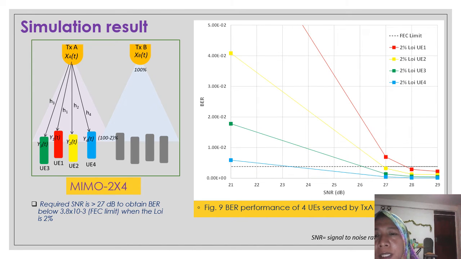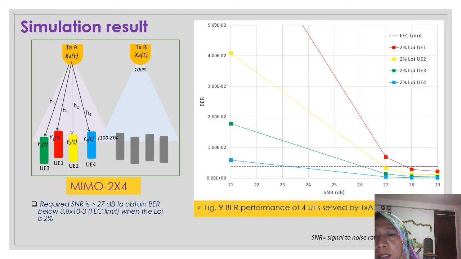So how about if the LOI is 2%? We can see in this figure that 27 dB from the transmitted signal of TXA cannot hold the interference, because the bit error ratio is over the threshold here.